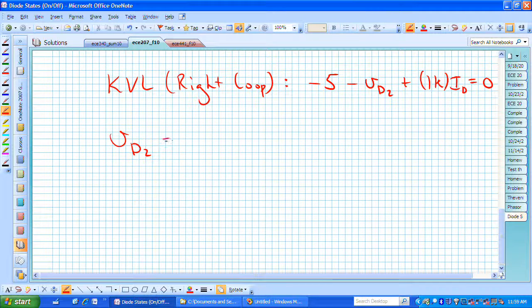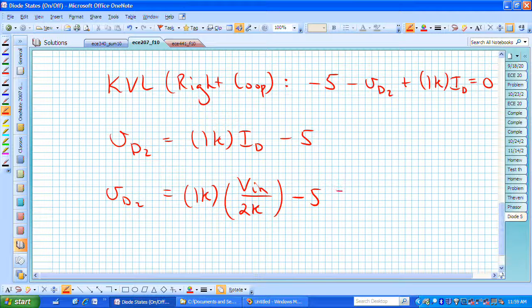V sub D sub 2 is now this 1K times I sub D minus 5, but I sub D we already found an expression for in this circuit configuration. I sub D was our Vn over 2K, and so now we have V sub D sub 2 as 1/2 Vn minus 5.